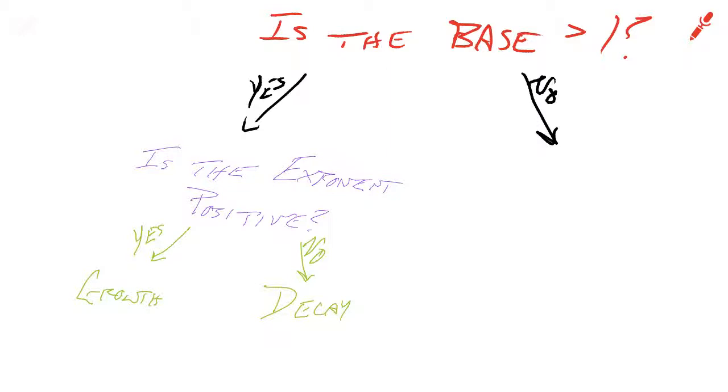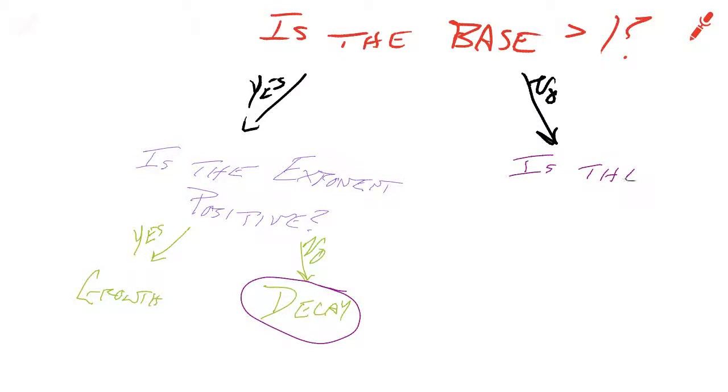So now, this is one half of your flowchart. We ask ourselves, is the base greater than 1? If the base of your function is greater than 1, you would say yes, and then you would ask, is the exponent positive? If it is not positive, you'd say no, and your final answer would lead you to decay. It's a pretty simple process. Over here, you're going to ask yourself the same question.